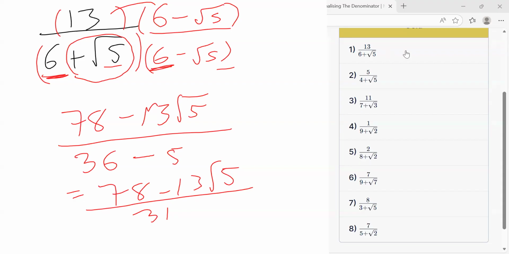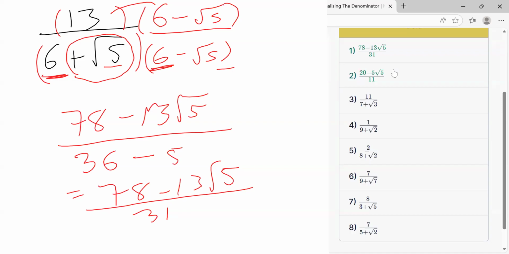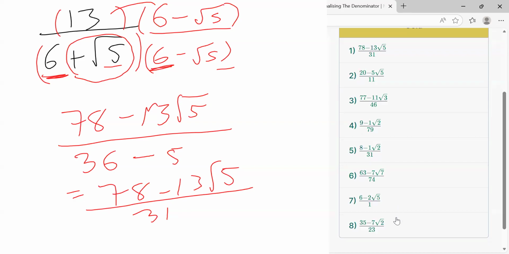Okay, here are the answers. And if there is a question that you would like me to go through, please let me know. All right, I know some of you have been messaging me, and a few people have got theirs correct.